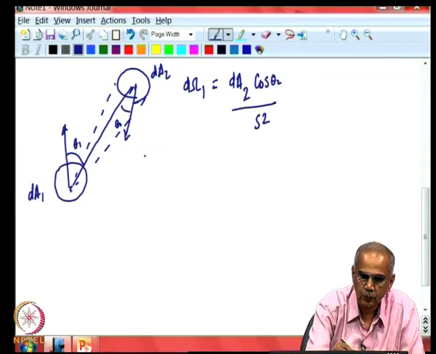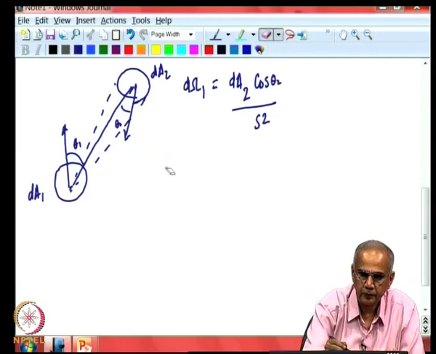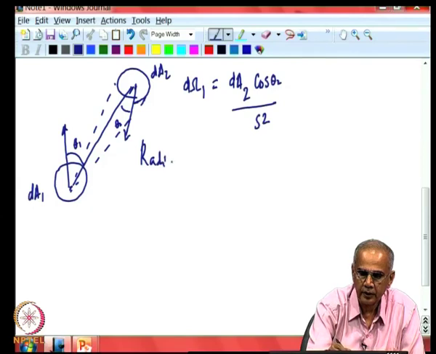Now, let us ask what is the energy radiation leaving surface 1.